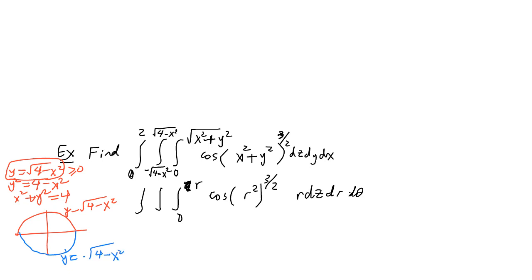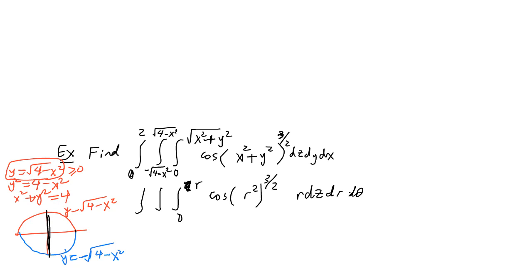Is it a full circle? No. Why? Because the limit for x is from 0 to 2, not from minus 2 to 2. So we're talking about the right side of the circle, not the full circle. So what's r in this case? r from 0 to 2.